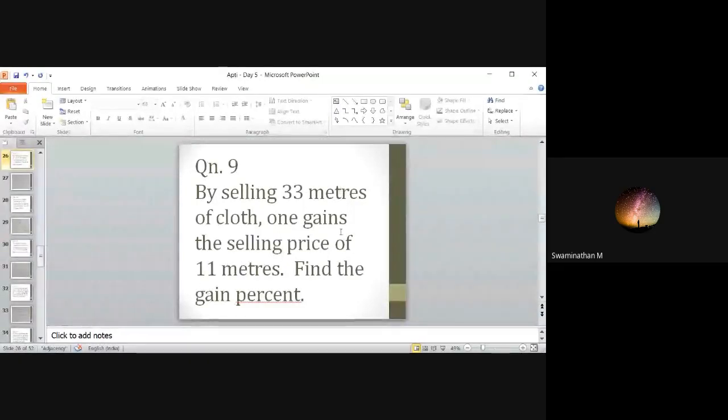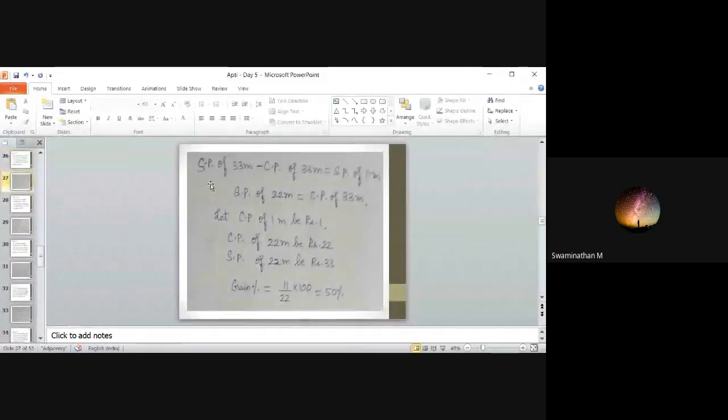Anyone going for it? Otherwise, I will give the explanation. No other replies. Okay. I will explain. Yes, gain is 50%.